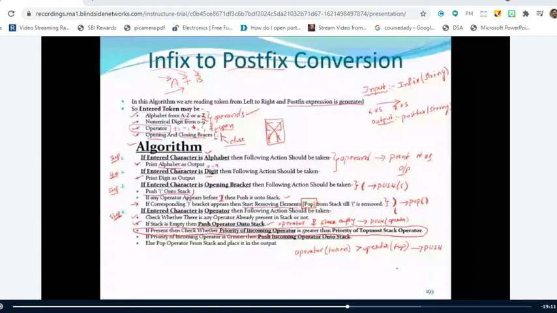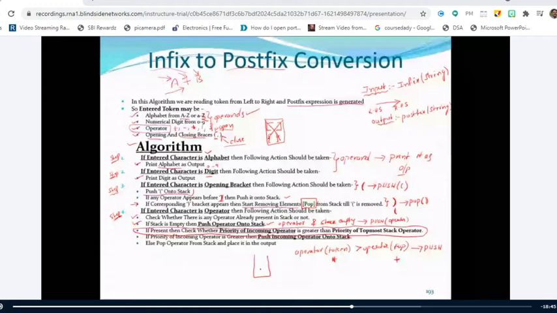Let me give a simple example. Let us assume that the operator that you have read is star, and the operator on the top of the stack is plus. What is the priority of star when compared to that of plus? Greater, sir.